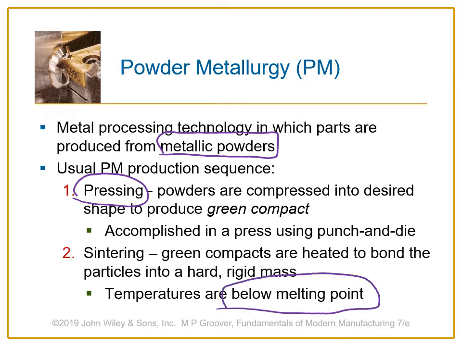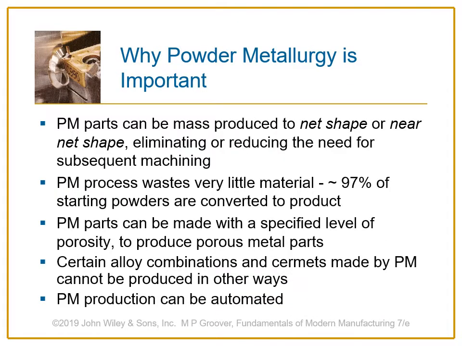Considerations that make powder metallurgy an important commercial technology include the first important property: it can be mass-produced to net shape or near net shape, and that would eliminate or reduce the need for subsequent processing. We only will need one or few processes to get the desired shape.